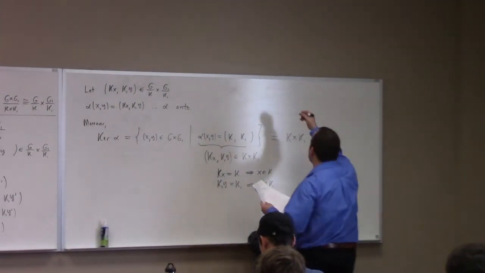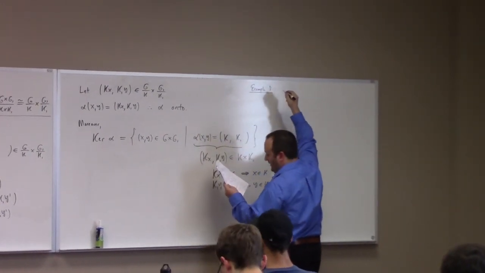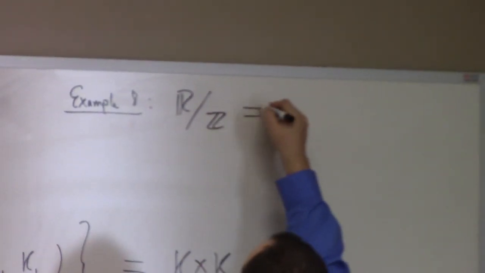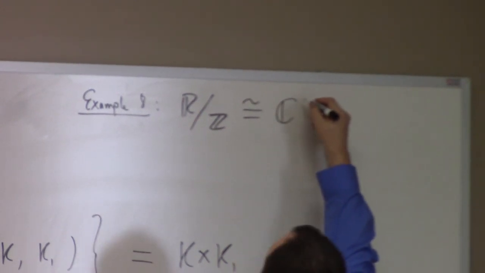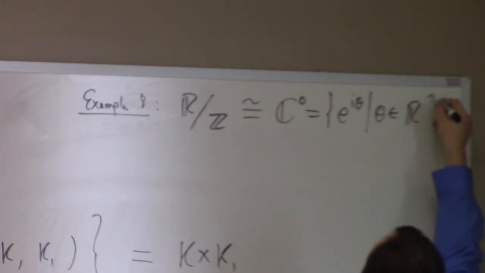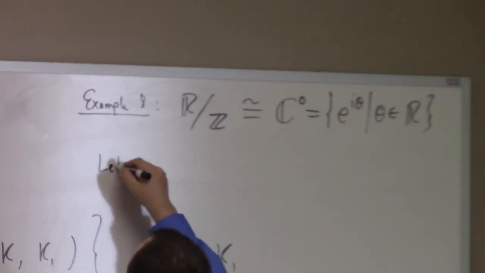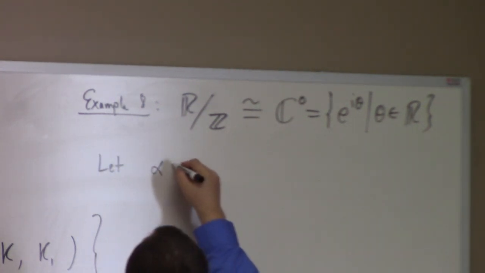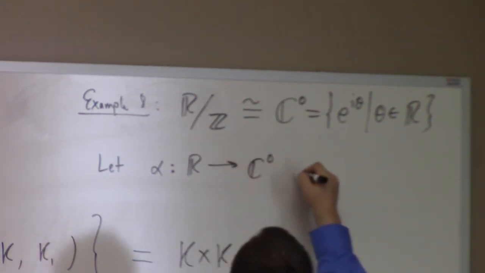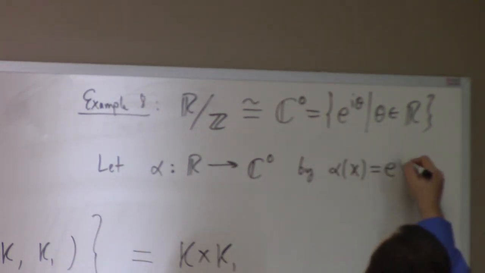Example 8. I'll try to be a little bit quicker with this one. Here we have the claim that R mod the integers is isomorphic to the circle group, C0, which we'll write as e to the i theta, such that theta is a real parameter. So basically here, just look at alpha, define alpha from the reals to C0 by alpha of x equals e to the 2 pi i x.